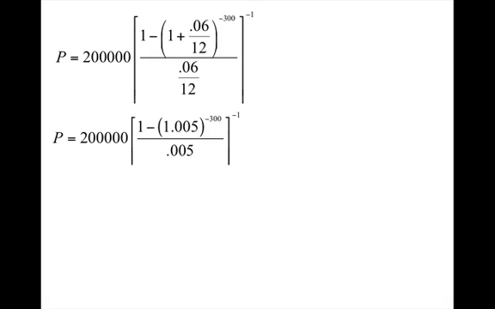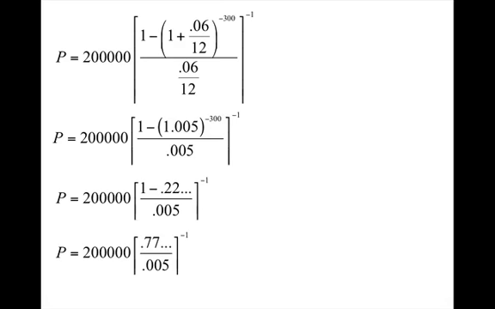Since that decimal terminated, you can do that, or you could leave it as 0.06 divided by 12. Then we raised that to the -300th power on the calculator. You should get 0.22, and then that decimal continues on. Now you make that negative and add the 1, and that gives you 0.77, and that decimal continued on.